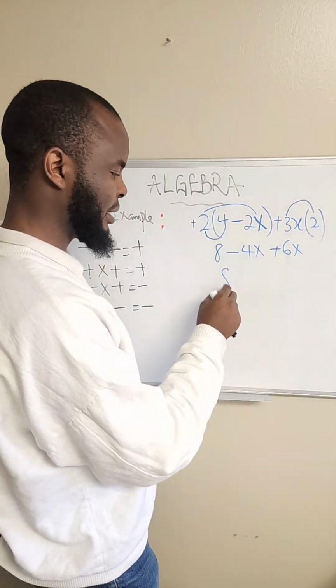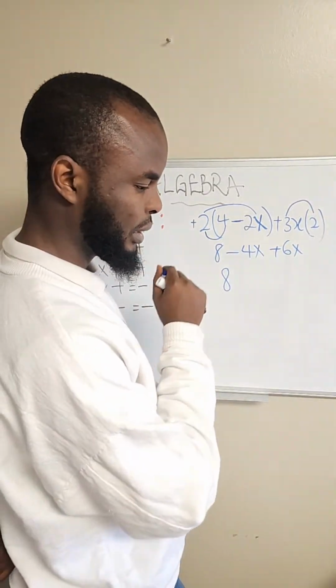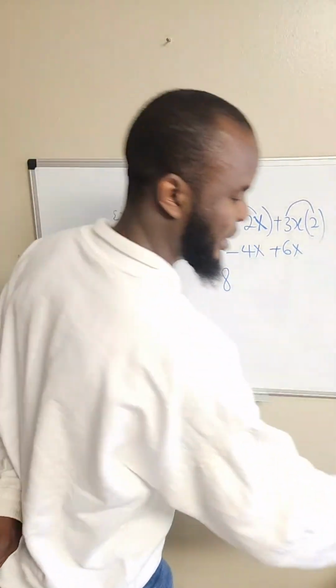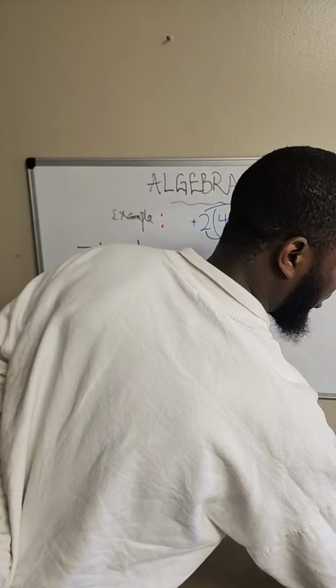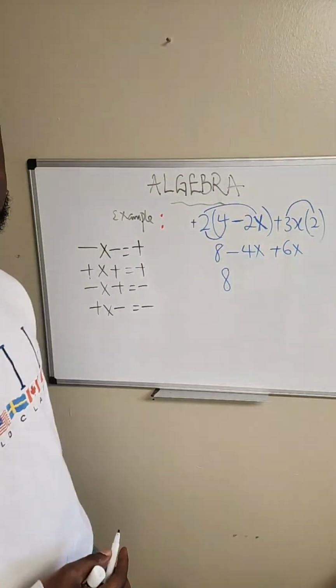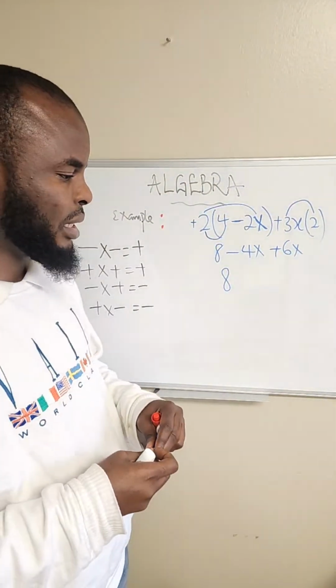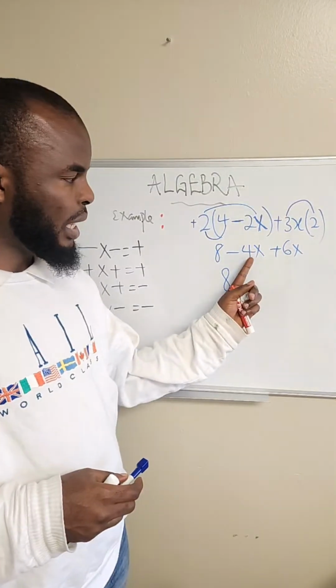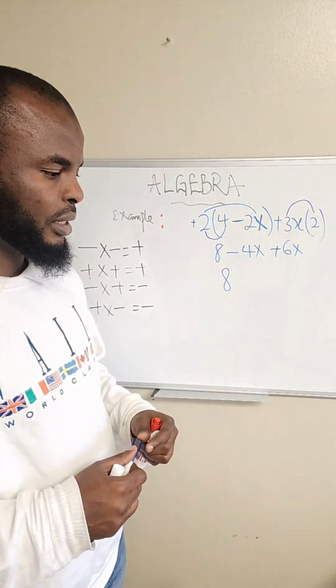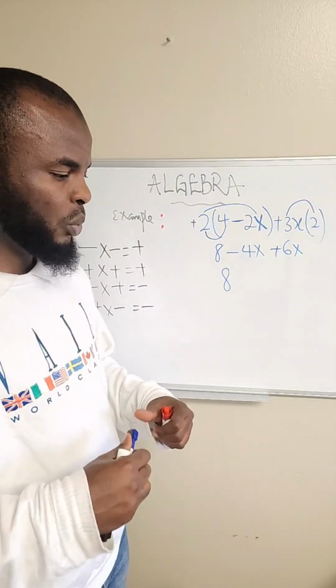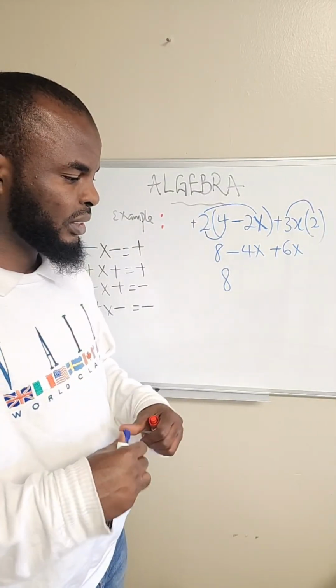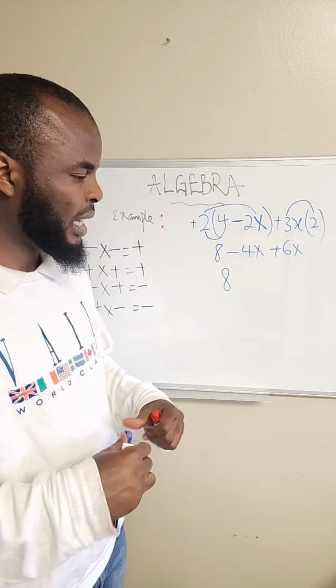Now, I have 8. What can you say about this? Negative 4x plus 6x is going to give you what? I want somebody to answer this in the comment section. Let me wait. Still have some people online?